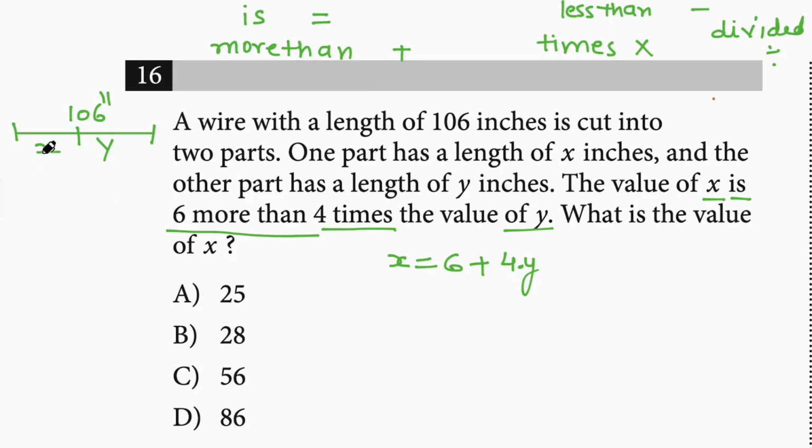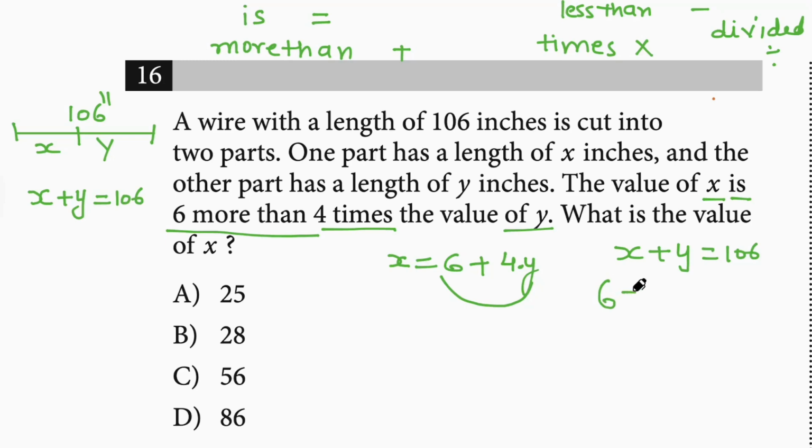Now we have two equations. The whole length of the wire is 106 inches. That means x plus y is equal to 106 is the first equation, and this is the second equation, and we have to find the value of x. Now what if I take this equation and replace x with this?